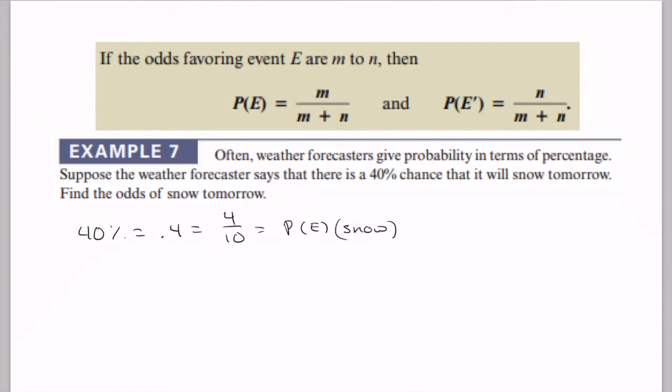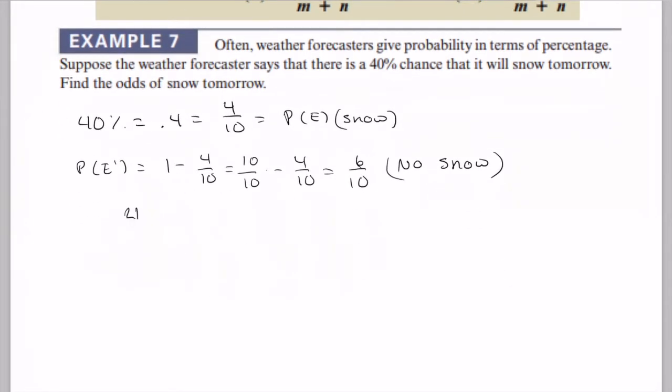Now we must find the complement of that, which means no snow. So we have 1 minus 4 over 10, which equals 10 over 10 minus 4 over 10. Sorry, it's not 4 over 4, it's 10 over 10. Equals 6 over 10. And this is no snow.